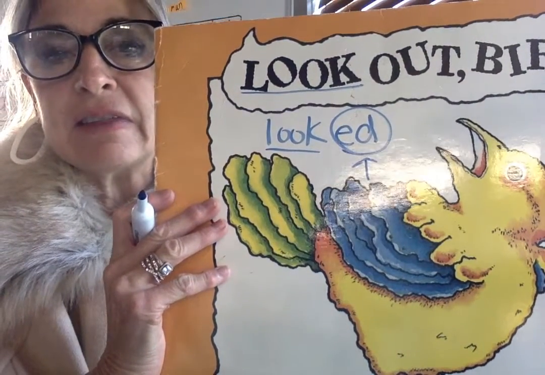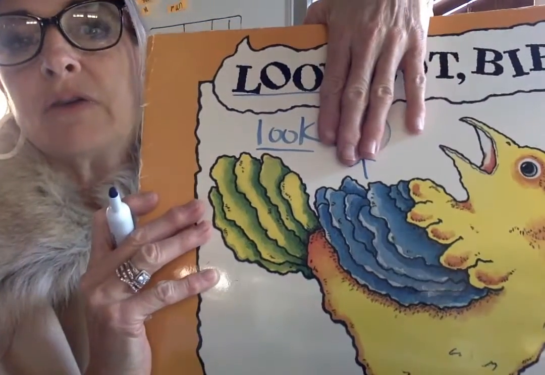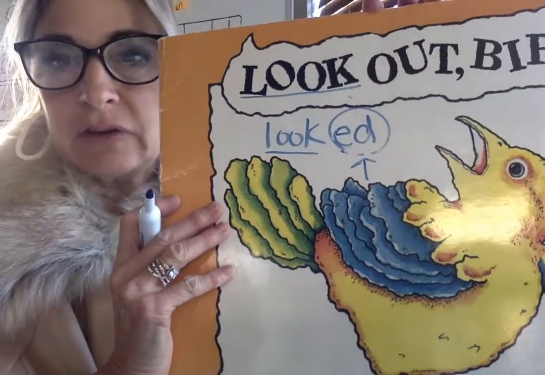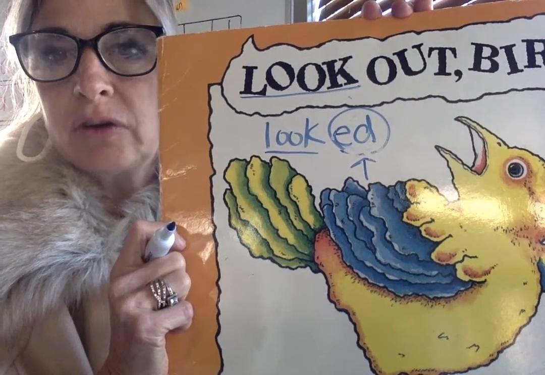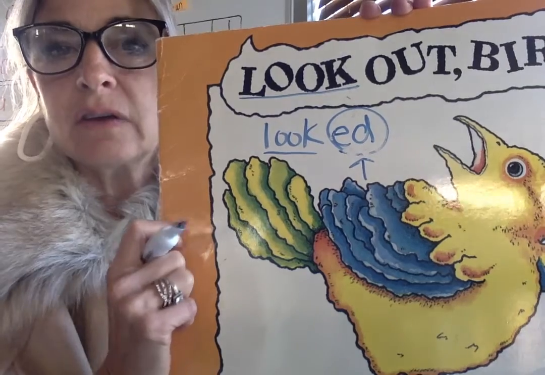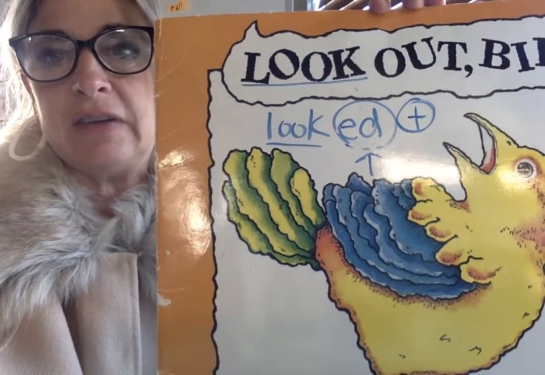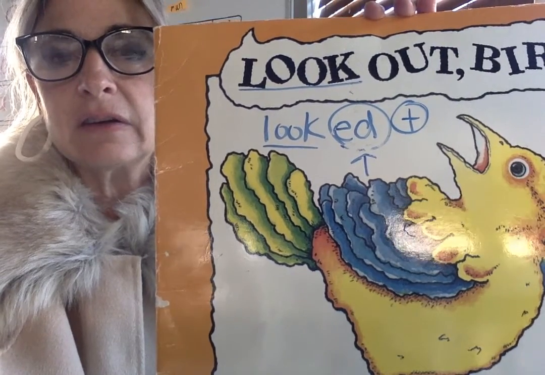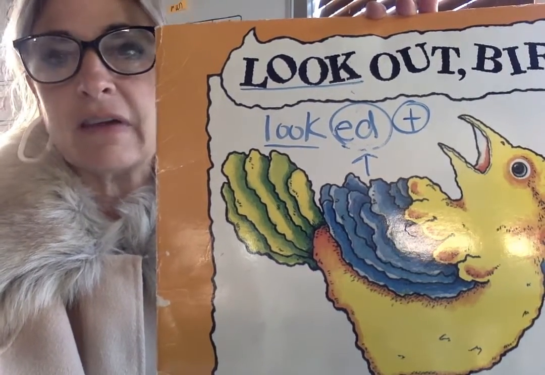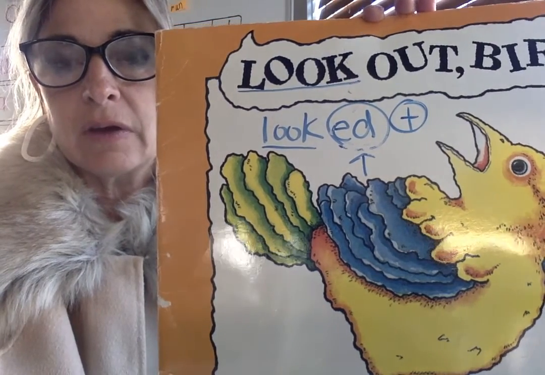So ED is at the end of a word. It is a suffix. It's no longer look. It's looked. Do you notice when I said looked, I didn't say lookd. That ED has a T sound. Sometimes it'll have a D sound. Skated has more of a T sound. Jumped, T sound, okay?